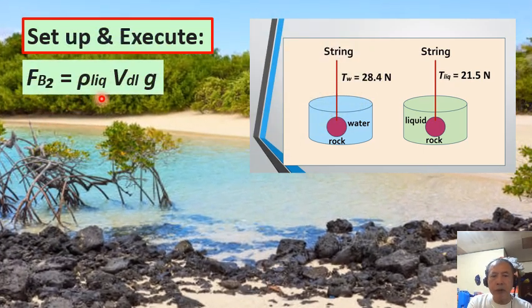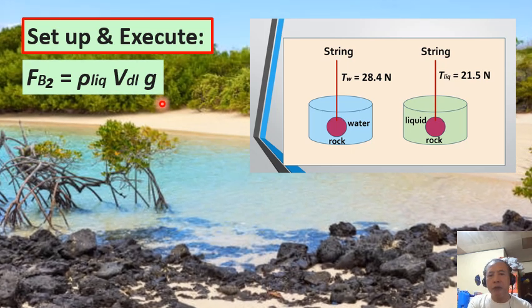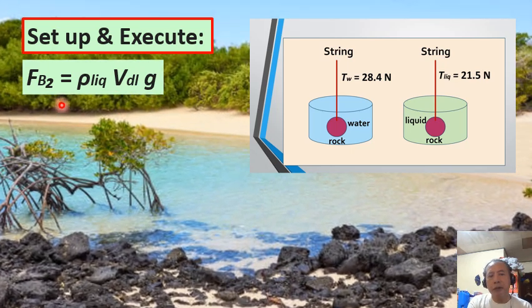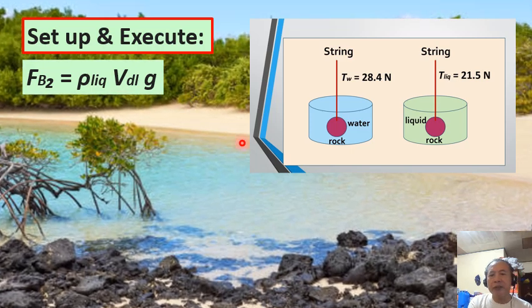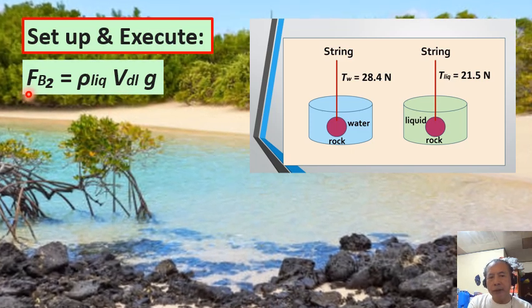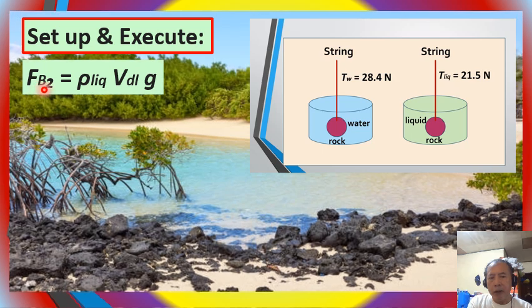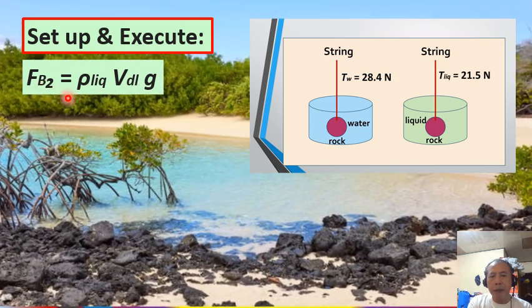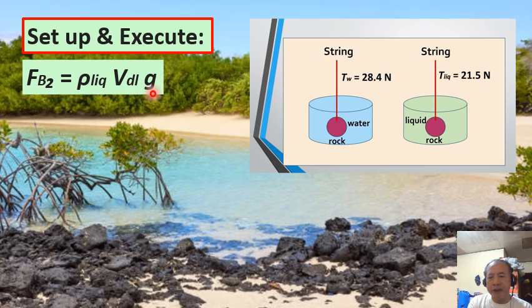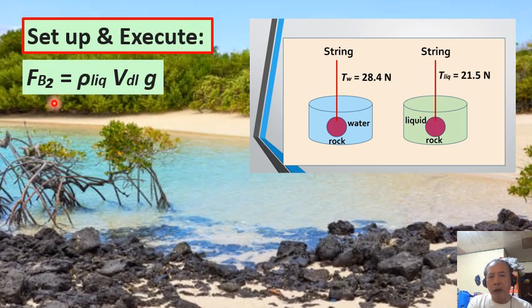And using the conceptual definition of buoyant force, which is simply the weight of the displaced liquid, that weight of the displaced liquid has been derived in terms of the buoyant force exerted by the liquid on the rock.